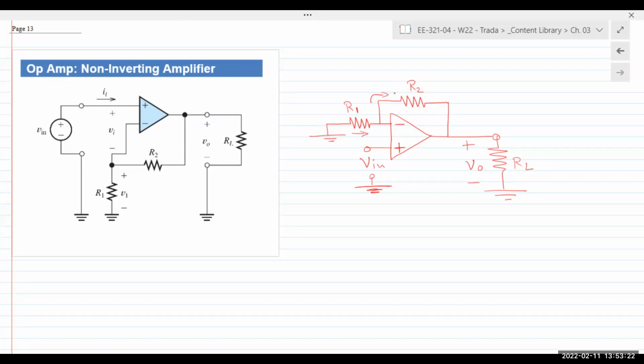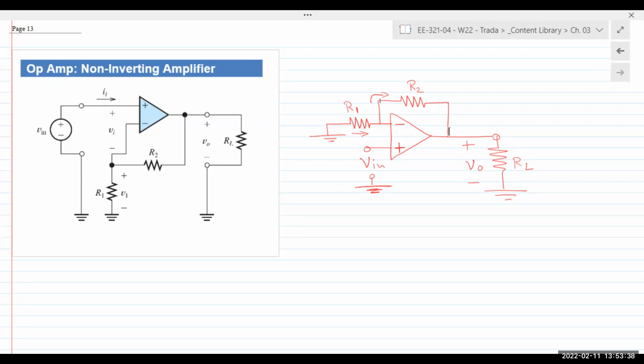Right now, we'll just apply KVL in that loop. V out, R2 and R1, voltage divider network, right?